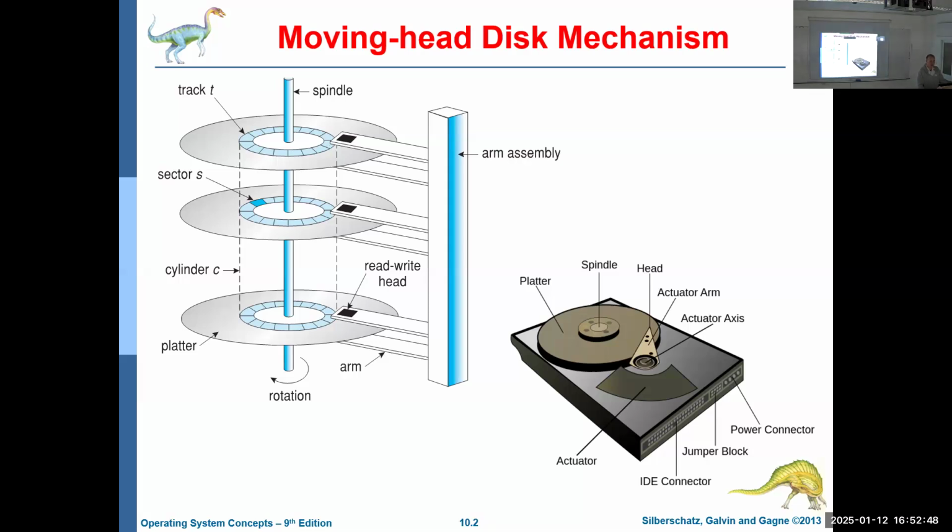Then I turn the disc and I want to read this sector on the other side of the disc. I'm reading this sector, and then I want to read the sector opposite. And then I want to go back and read this sector. Who knows? I don't necessarily want to read the sectors one after the other. So to turn the disc around without moving the head, that's called latency.